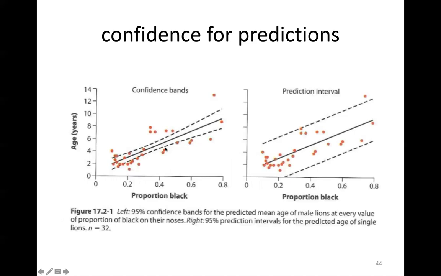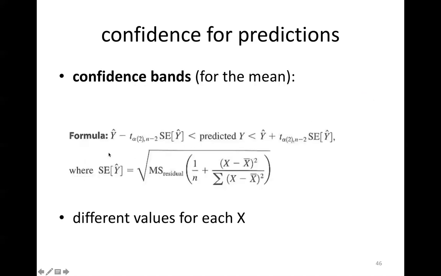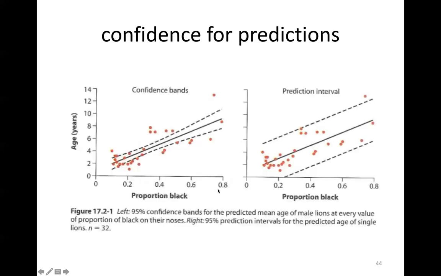So how are these bands calculated? They are calculated for each predicted y value. So for each x, we will have a predicted y, right? And the predicted y values will be distributed between this minimum value and this maximum value for each x. For each x, we will have a minimum predicted y and a maximum predicted y.